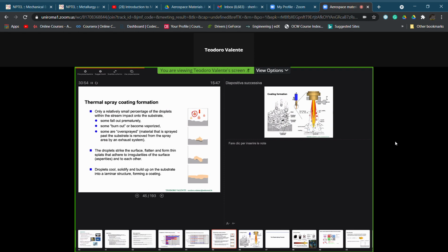And this means that if we want to melt our particles, we cannot expect to use particles having 1 millimeter as average size. Otherwise, we are not able to melt them. And this is the first problem. And so we need to select an average diameter, if we have in mind powder granulometry, which allows us to melt the powders during the phase in which they interact with the flame.